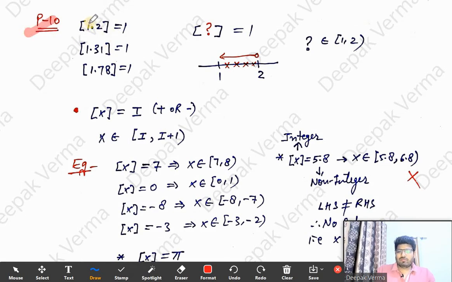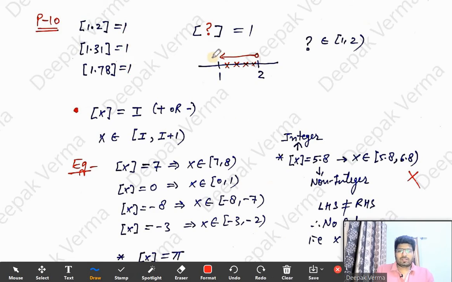If I say what is the value of box 1.2, now you can easily tell this is equal to 1, box 1.31 is 1, box 1.78 is 1. It means that whatever the value of x between 1 and 2, 1 included, the outcome is always constant, that is 1.